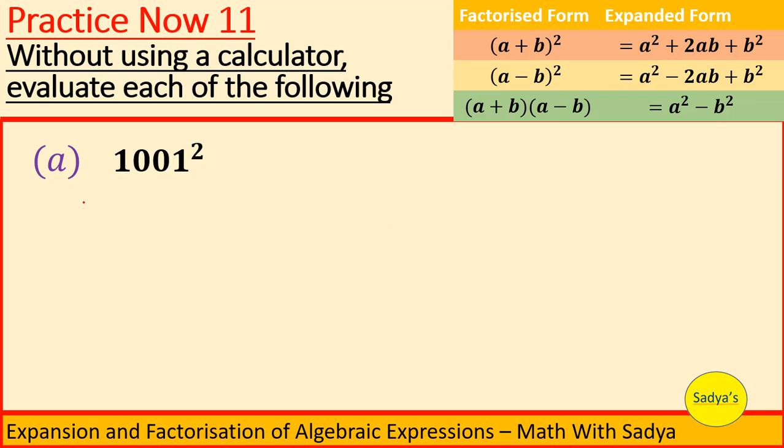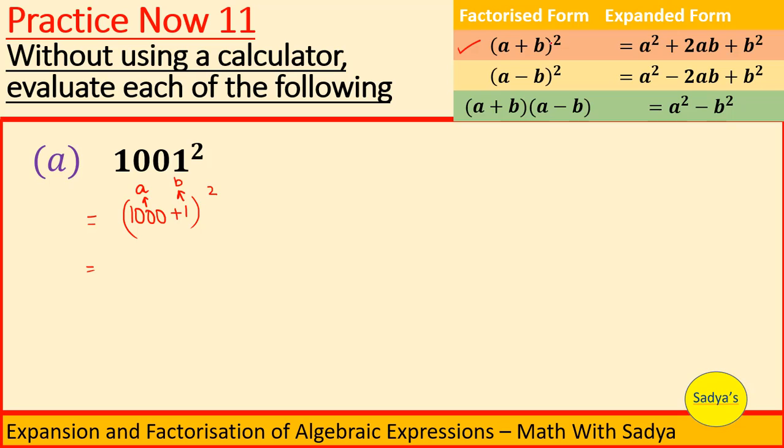So 1001 whole squared can be written as 1000 plus 1 whole squared, because 1000 and 1 added together give us 1001. Now we can see that we have the form of the first identity, (a plus b) whole squared. a is 1000 and b is 1.